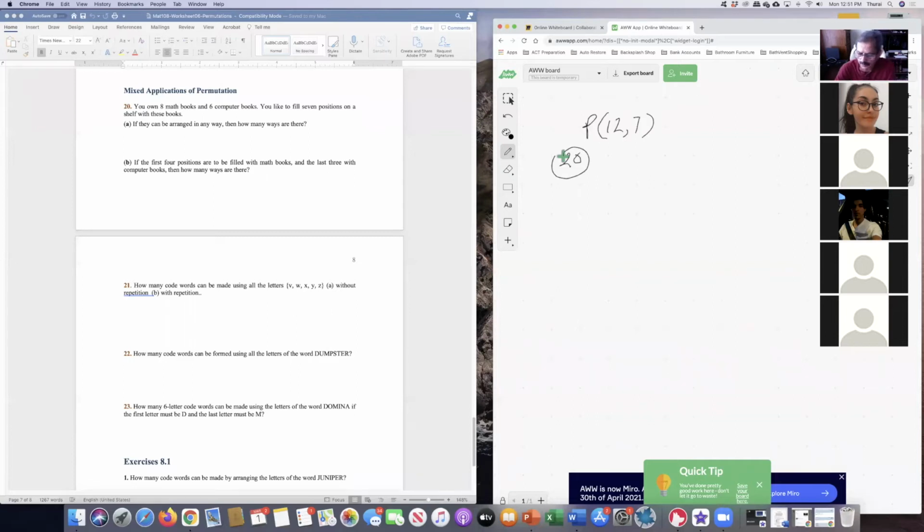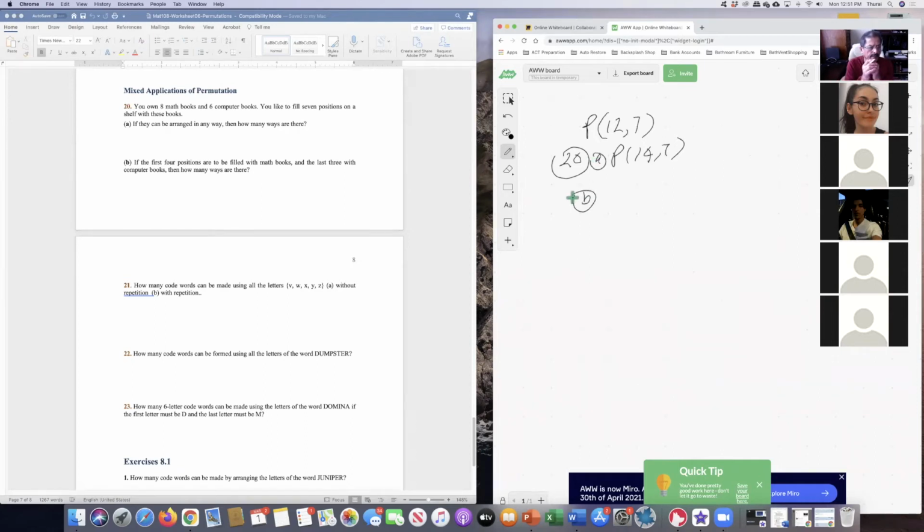So therefore it's P(14,7) for part A, because you're not restricted. There's no restriction. You're free to choose the books in any way, in any order, whether it's a math book or computer book, doesn't matter. But for part B, that matters.